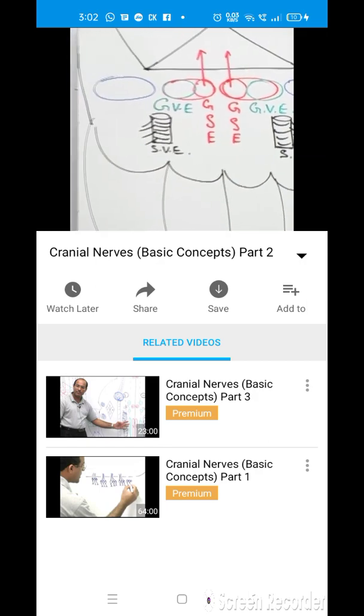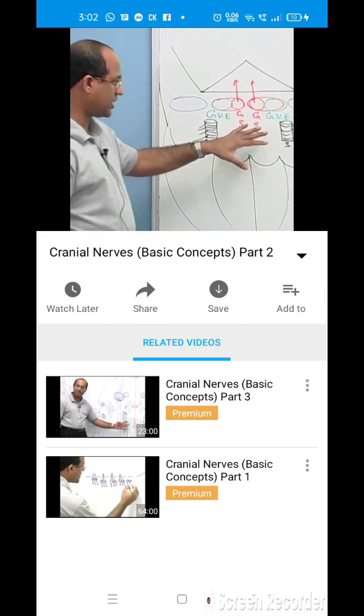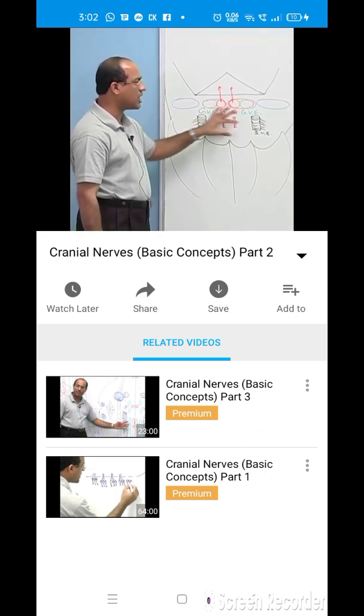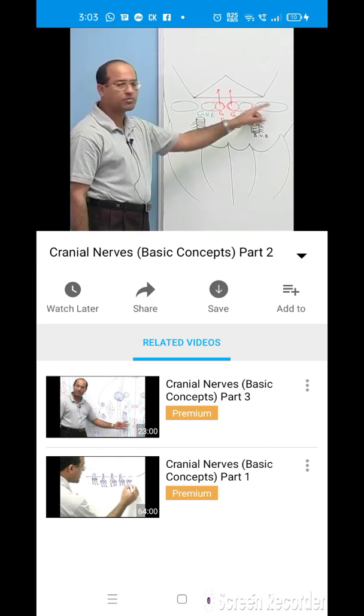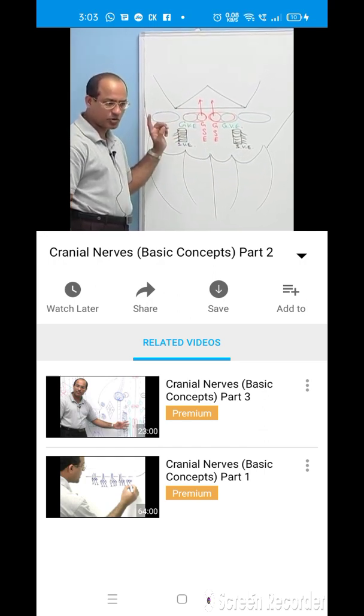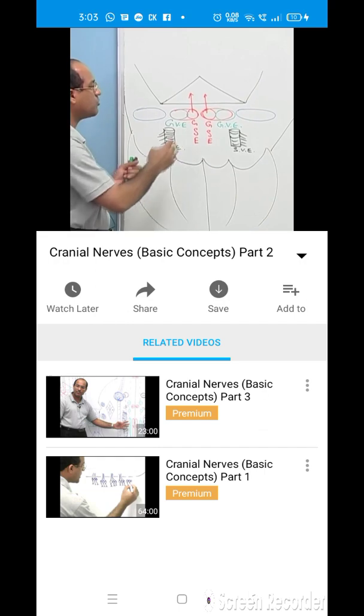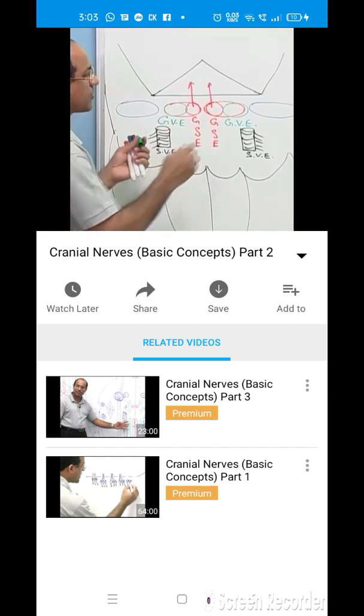Now, first I will concentrate on the motor nuclei in the brainstem. Then I will switch towards the concept of sensory nuclei. Now, how many columns of motor nuclei should be there?